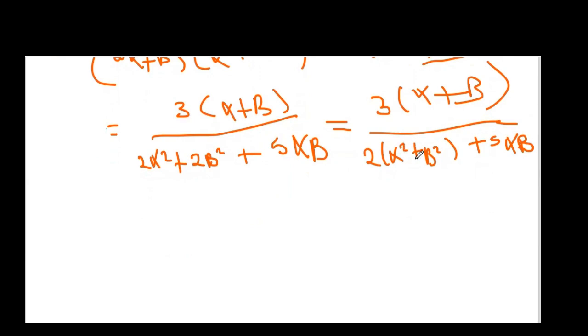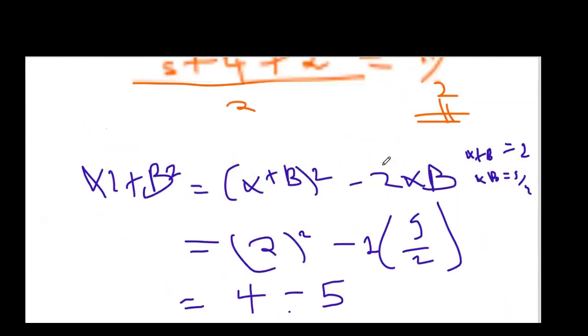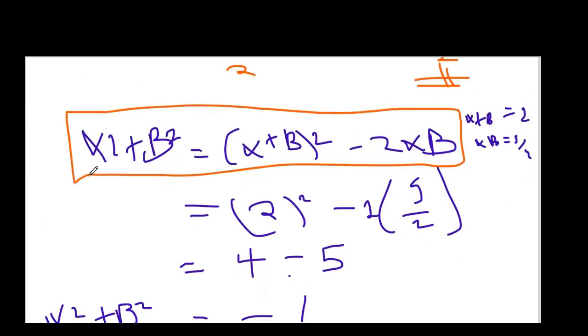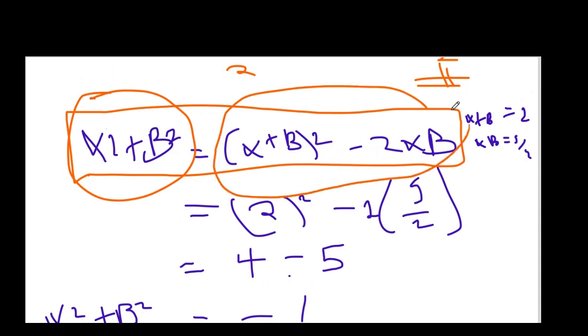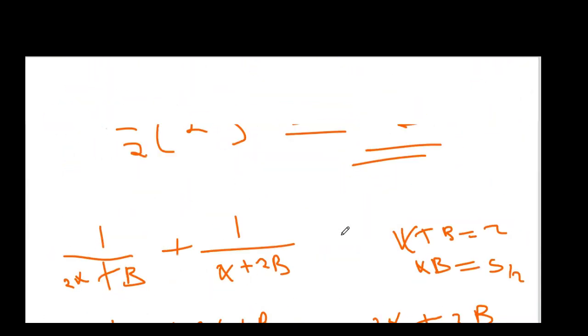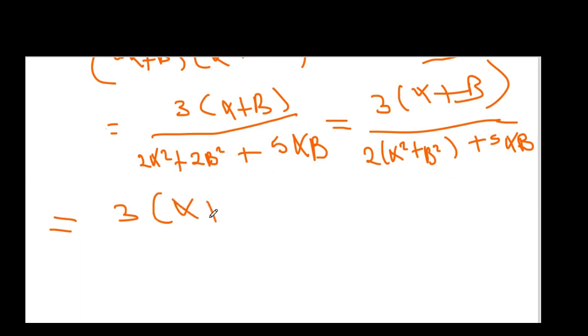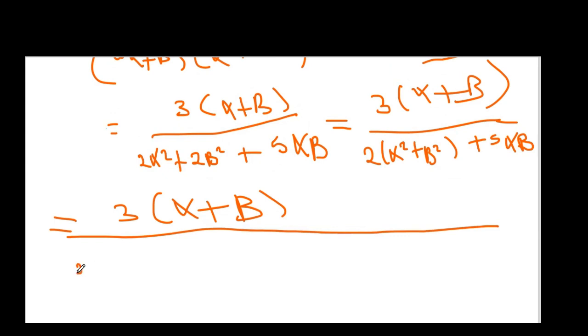So you can see that this one here goes back to the identity. Because I can see α squared plus β squared there, wherever I see this, I'm going to substitute with the identity. So this equation will be 3(α + β) on top, over 2 times α² + β², and we put that identity.